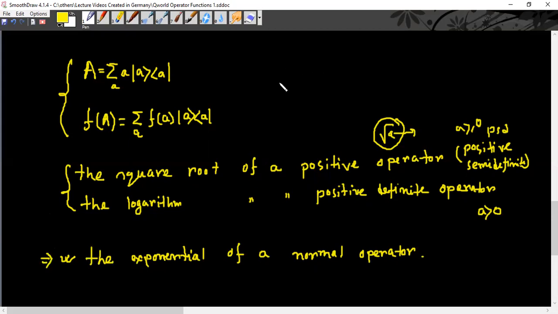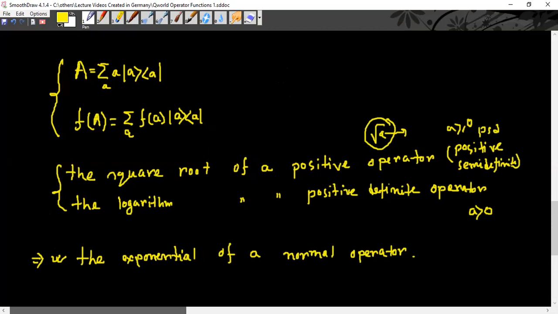So what was the particular example? Let me find a new space here. The example was e to the power theta Z is equal to the matrix e to the power theta, 0, 0, e to the power minus theta.